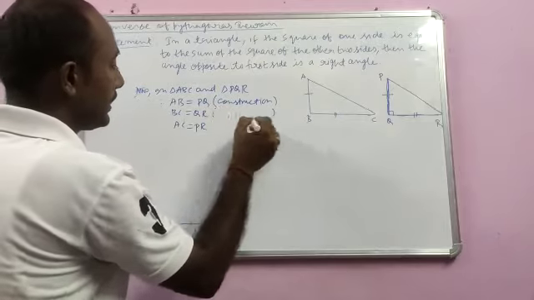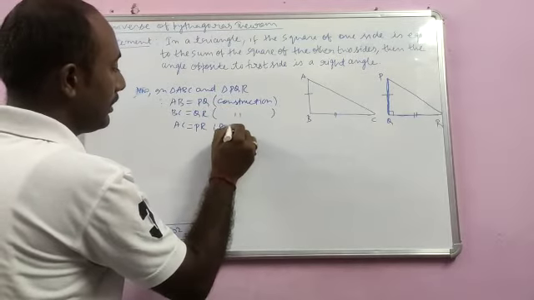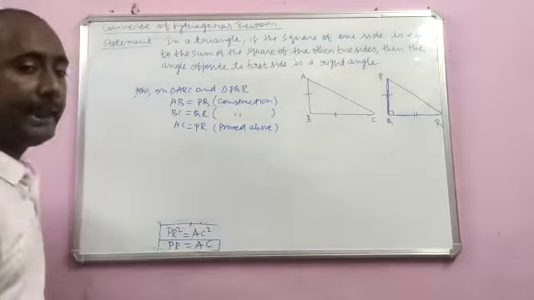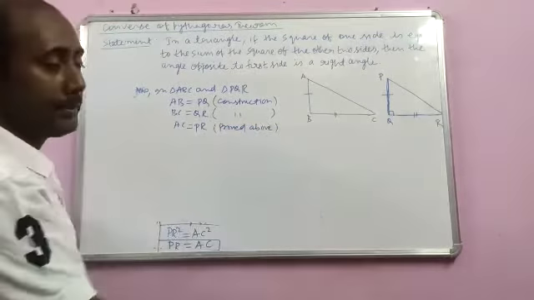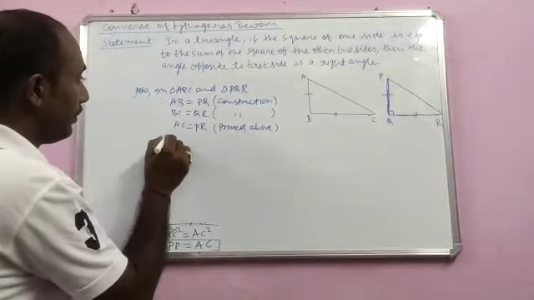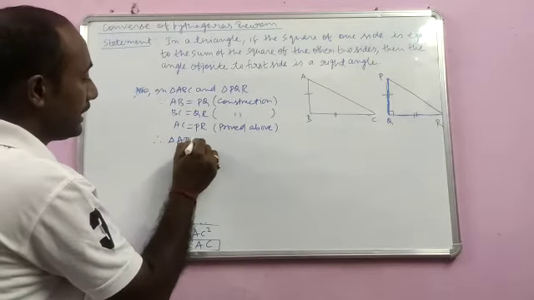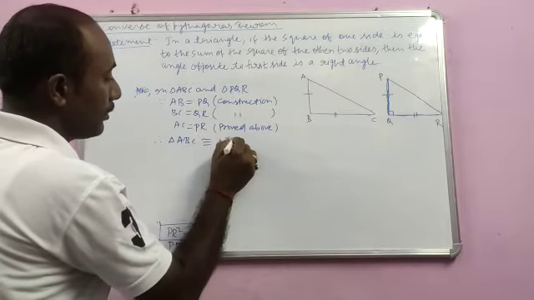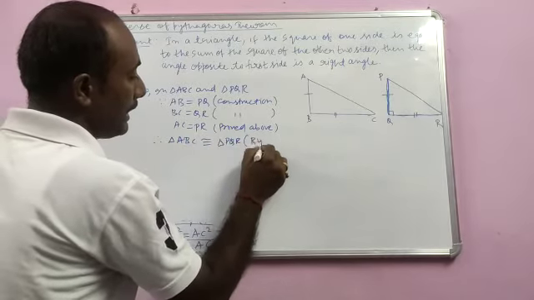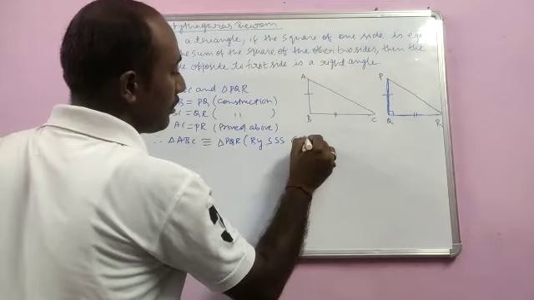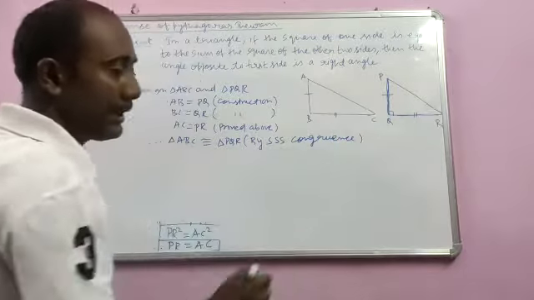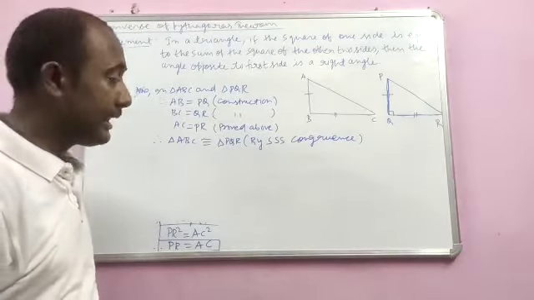This is again construction, and here we will write proved above. You may name it as equation 3, and you can write from equation 3. So therefore triangle ABC is congruent to triangle PQR by side congruency. So the two triangles become congruent by side congruency.